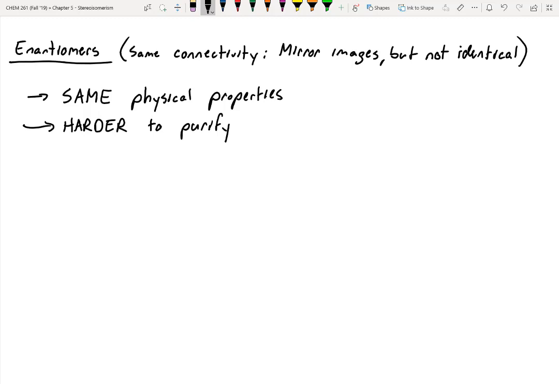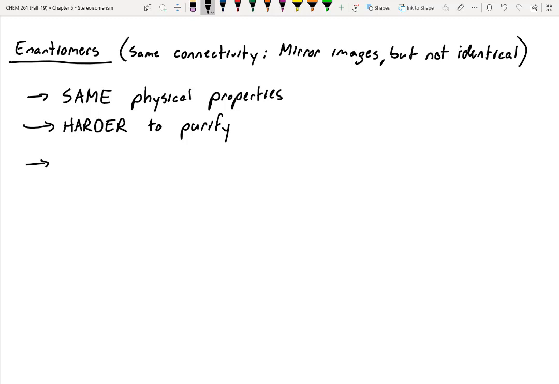Okay, if they have the same physical properties, meaning the same boiling point, same melting point, same all of that stuff, how can we tell them apart? Everyone's like waving their fingers around. What do we call that? Optical rotation, right? The only way we can tell these apart is through optical rotation.